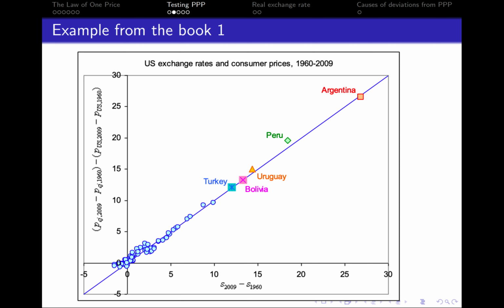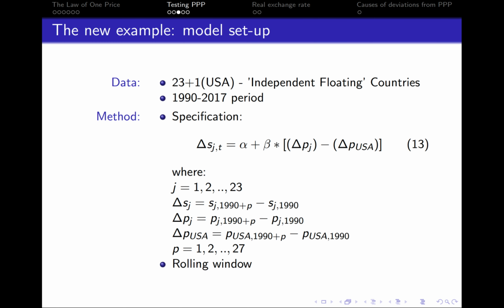So now I want to show you an example that I made for you, in which I decided to take a little bit more complex, but not very complicated, perspective. Okay, so look, the first thing I've done is that I collected the data on exchange rates and price levels in different countries.